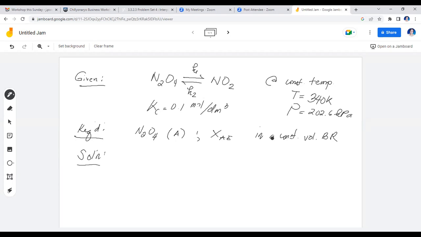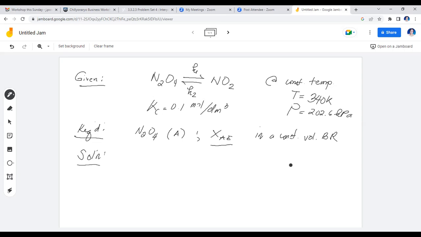Okay. We can start with that, but since you are asked specifically for the equilibrium conversion, we need to make sure that the working equation for such we have written. So in this case, we will write the equilibrium conversion equation first. What do you think will be our working formula in determining the equilibrium conversion?